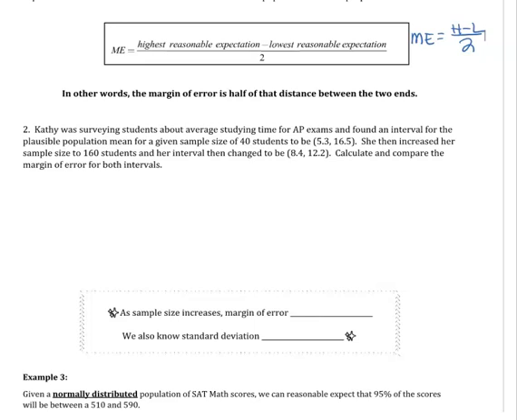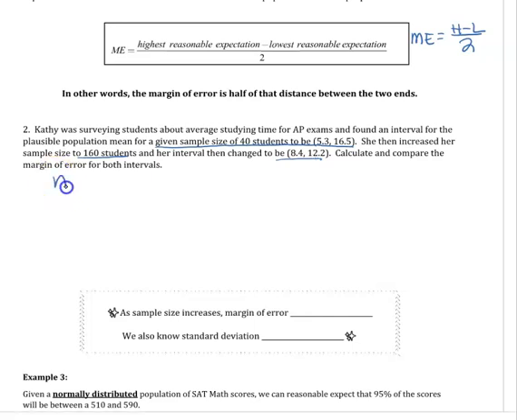So Kathy was surveying the students about average studying time for AP exams and found the interval for plausible mean for a given sample size of 40 students to be 5.3 to 16.5. She then increased her sample size to 160 and the interval changed to 8.4 to 12.2. Calculate and compare the margin of error for both.